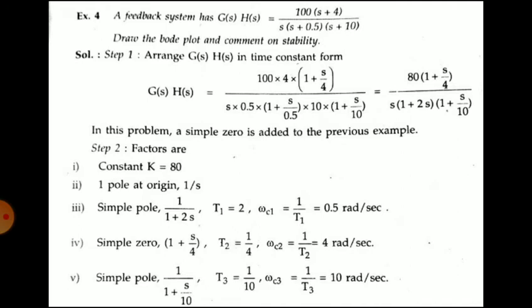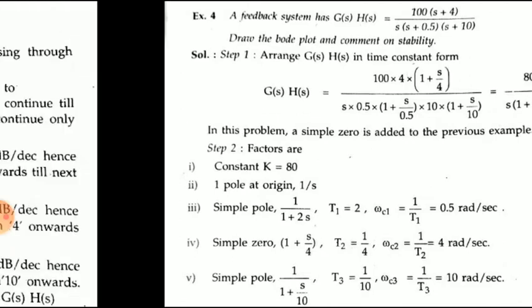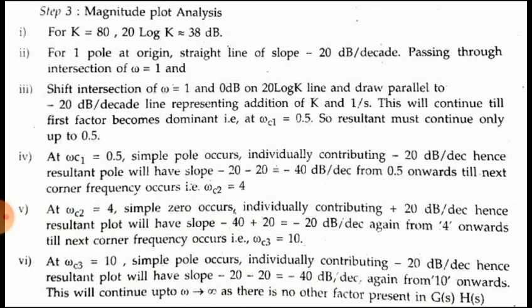Here are the steps that we have already discussed in the previous slides: constant k, one pole at origin, simple pole, simple zero and simple pole. So that is an example given. Now the first factor is system gain k.